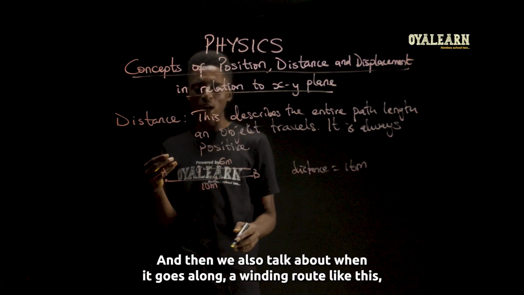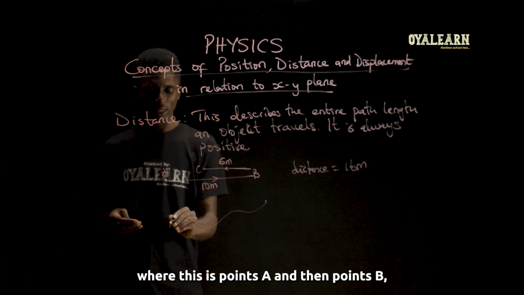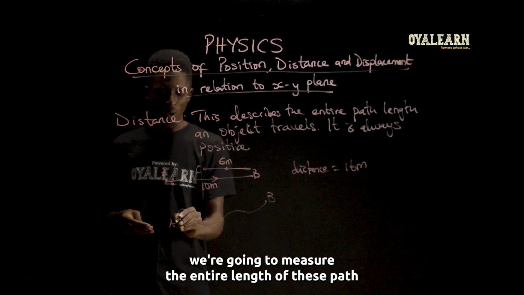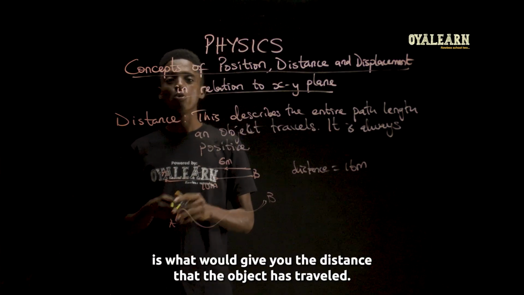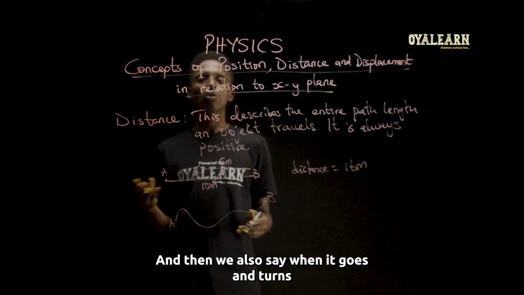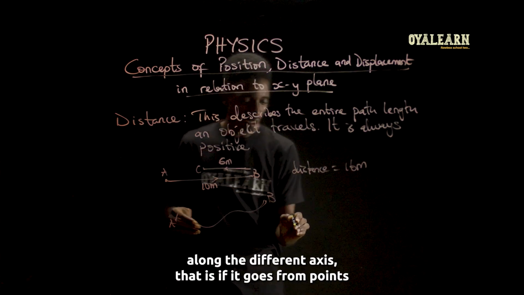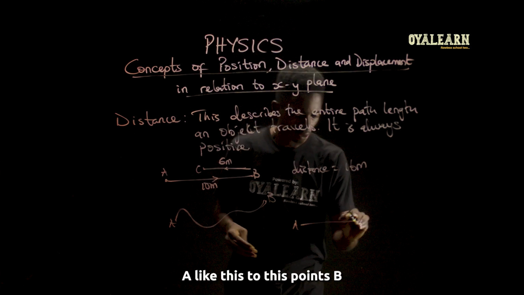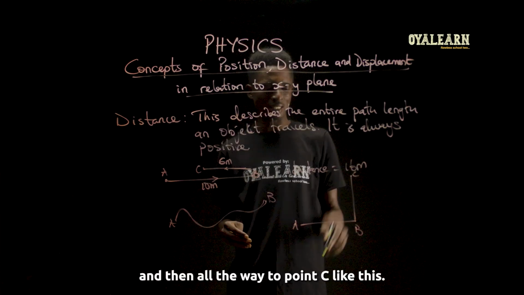And then we also talked about when it goes along a winding road like this, where this is point A and then point B. We're going to measure the entire length of this path, which will give you the distance that the object has traveled. And then we also say when it goes and turns along the different axes, that is, if it goes from point A like this to this point B and then all the way to point C like this.